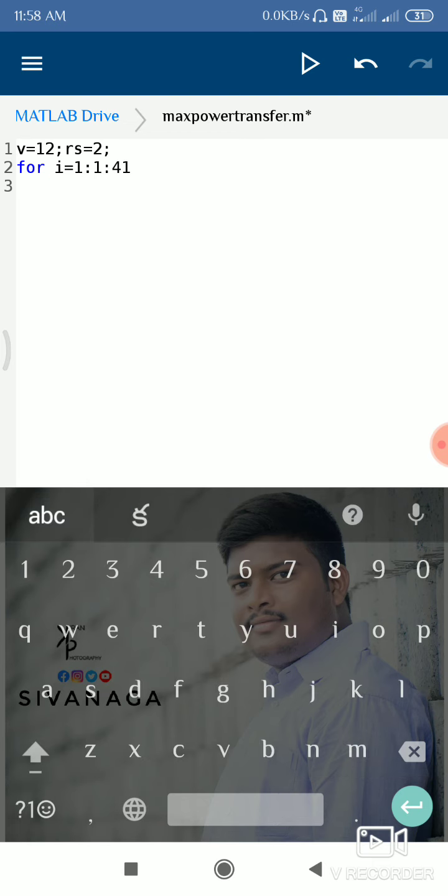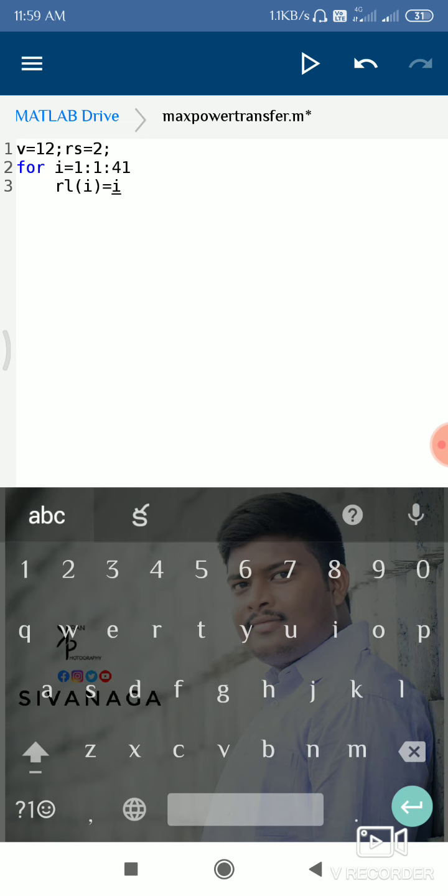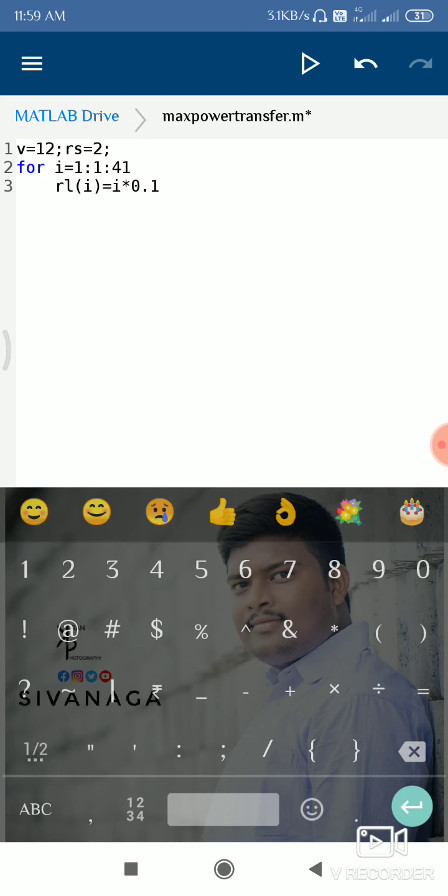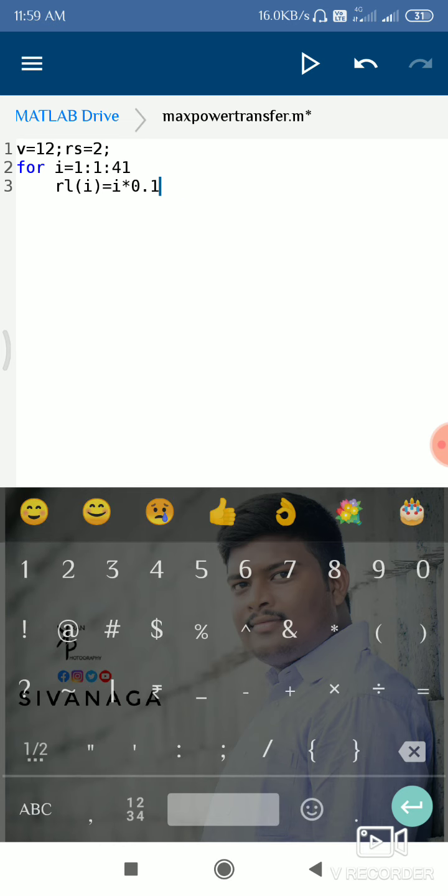I write an array, RL of I equal to I into 0.1 minus 0.1. This is one of the arrays.